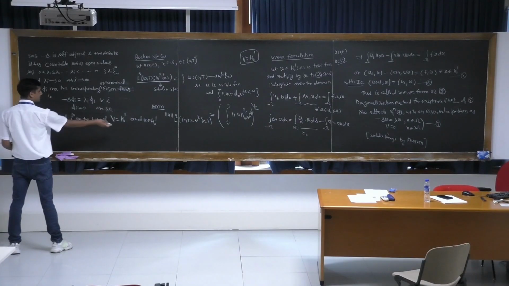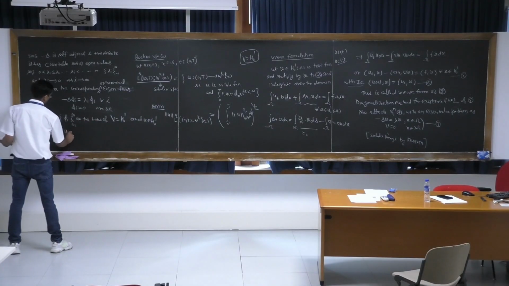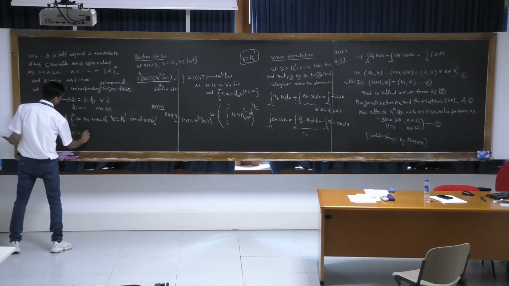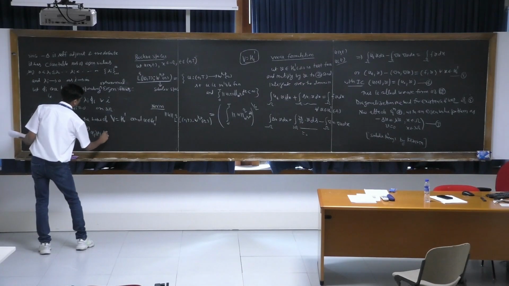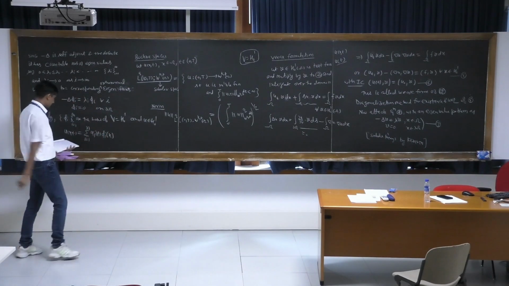because these are the bases, we can write the solution in terms of these eigenfunctions, with some constants alpha i of t, and phi i of x.